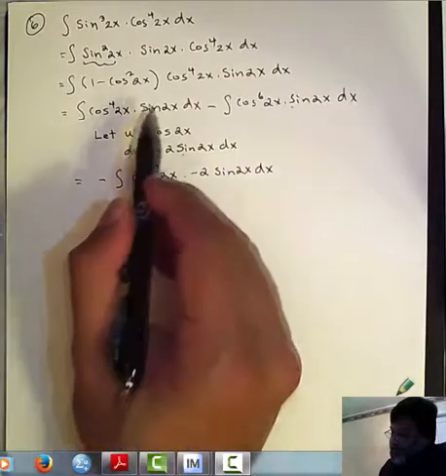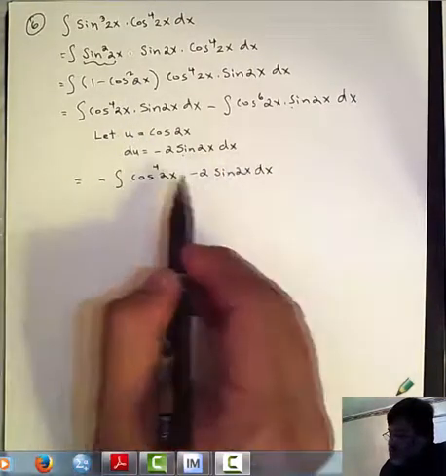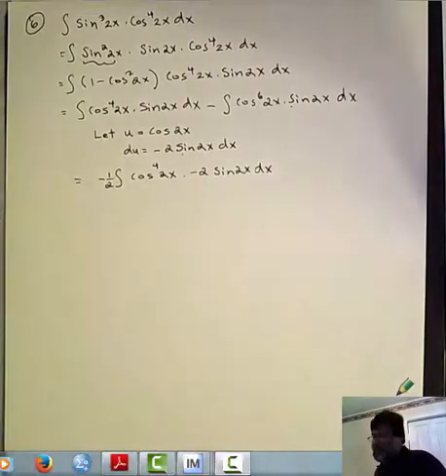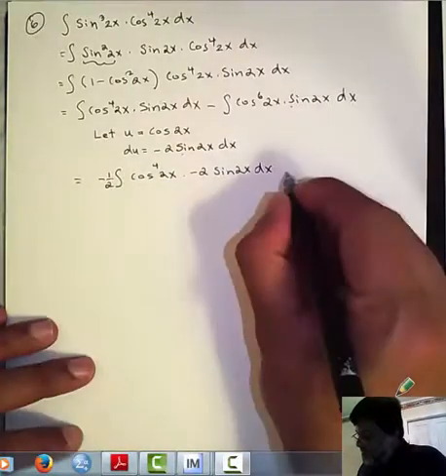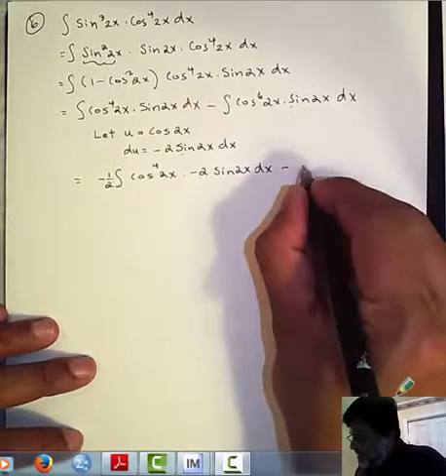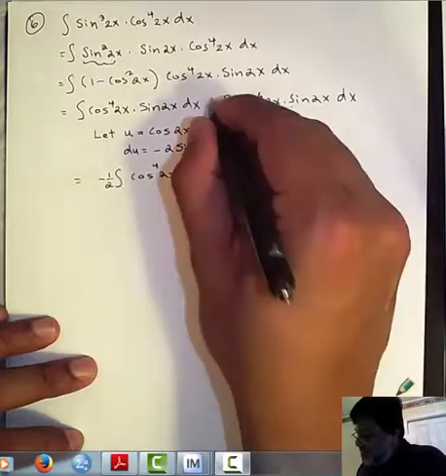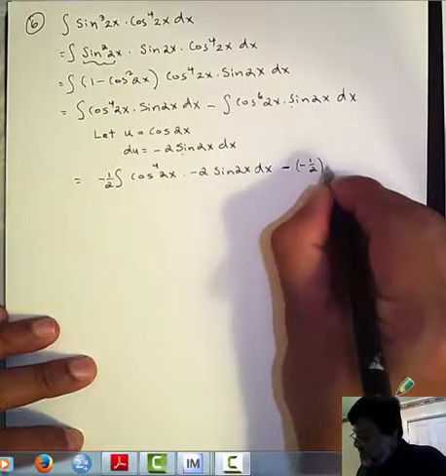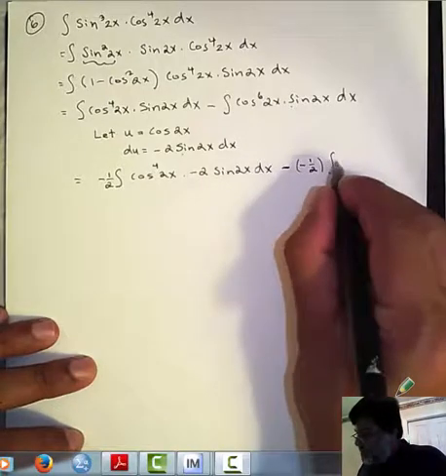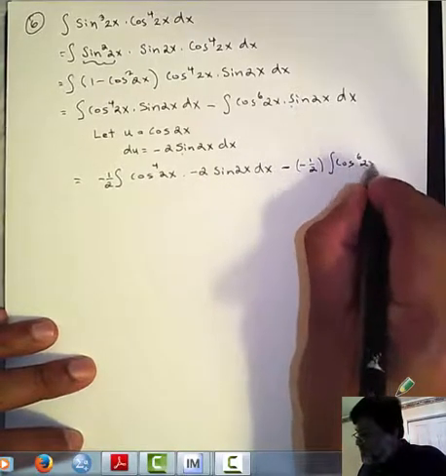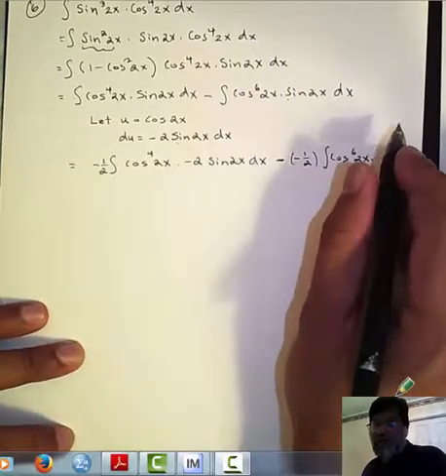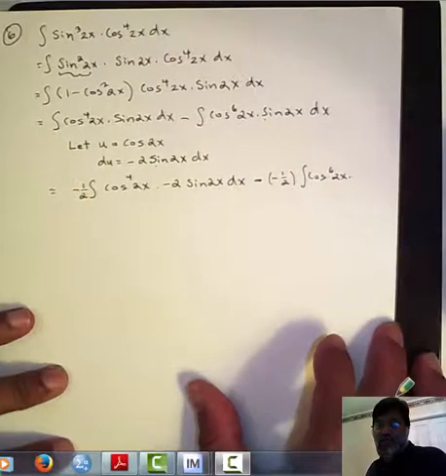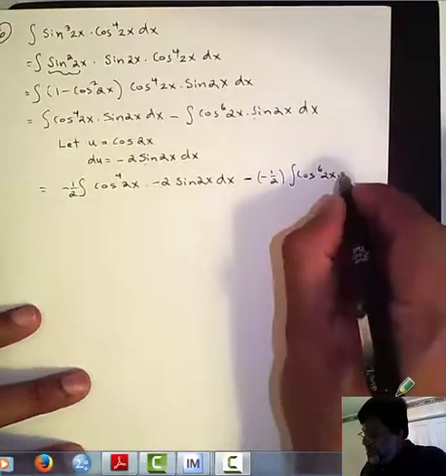We had sine 2x, but a negative 2, so we have to take away a negative half. Same thing here. We're going to take out a negative from here, and still take out a negative half.